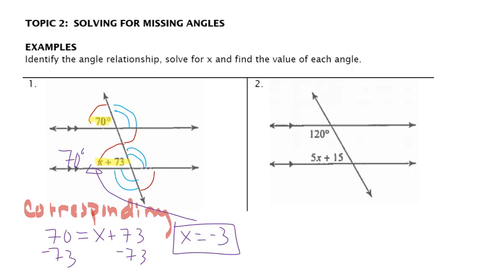Same idea for the second example. So if I go ahead and mark my picture up, I have my vertical angles, the matching pair, and then I know whatever is not marked is going to be supplementary. And so when I look at my two angles that they gave us, 120 and 5x plus 15, those are going to be same side interior angles because they're on the same side but both on the inside.